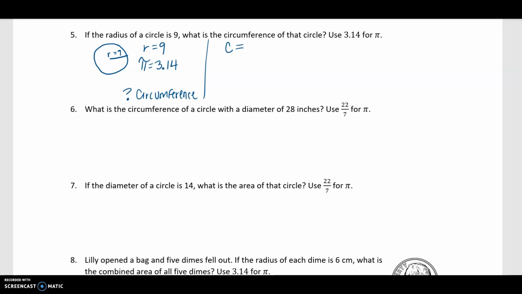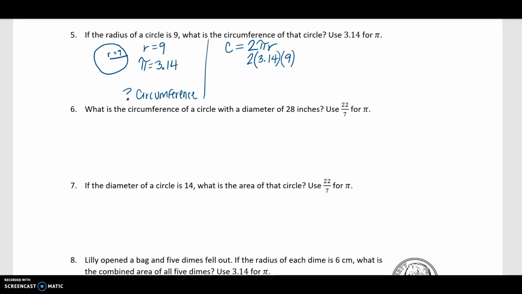So we're going to use that one when we have a diameter. But since the problem gives us a radius, we're going to use 2 pi r. And now we're going to fill in our numbers. So 2 came from our formula. Pi, we were told, is 3.14. And then our radius is 9.